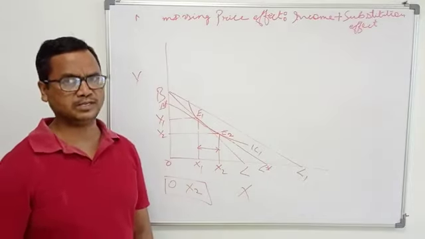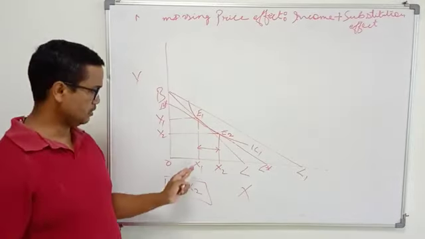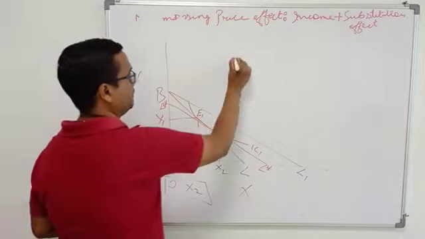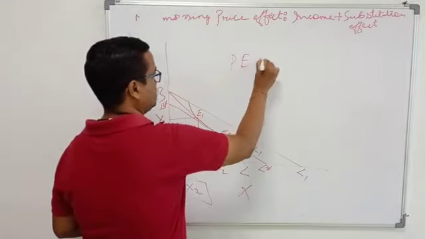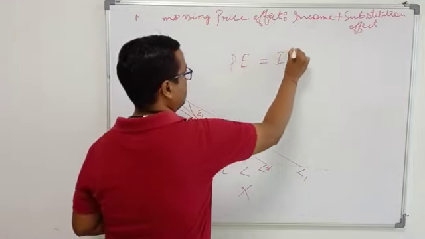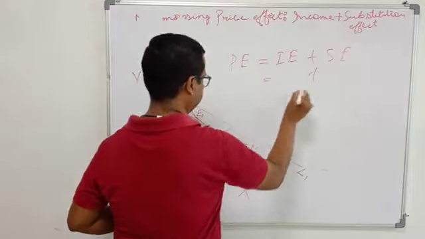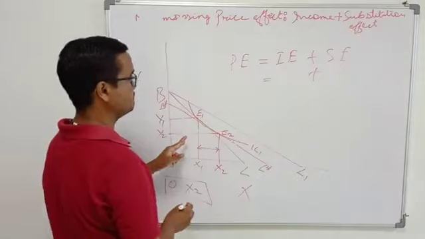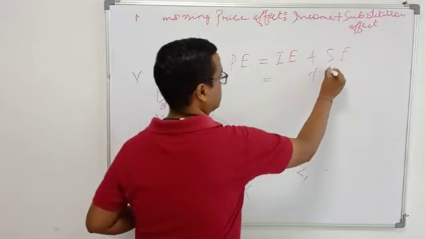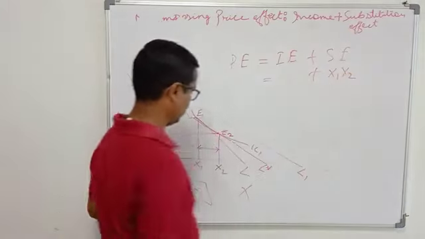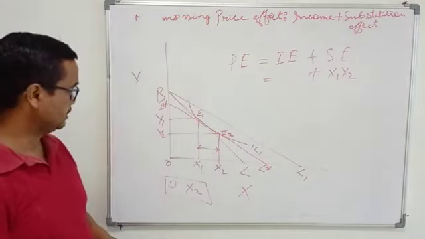That movement is known as the substitution effect. Price effect is nothing but income effect plus substitution effect. So here the substitution effect is X1 X2.